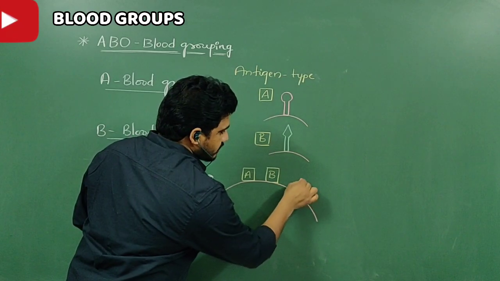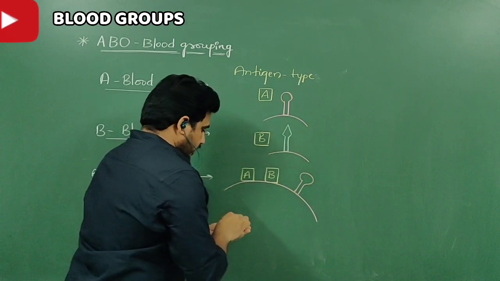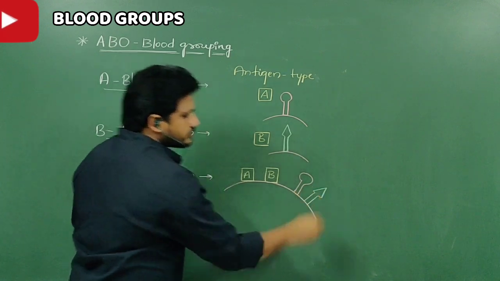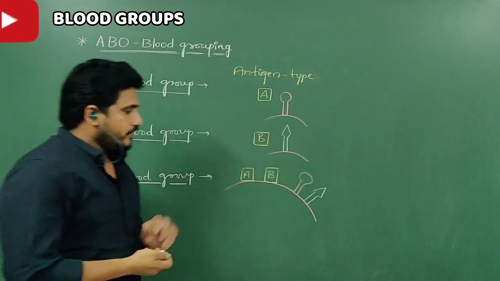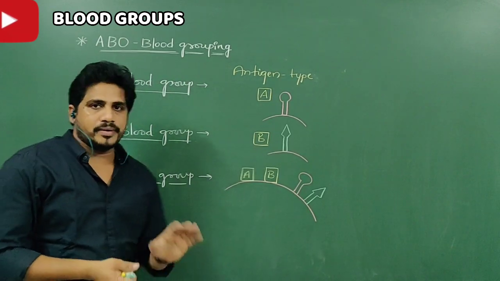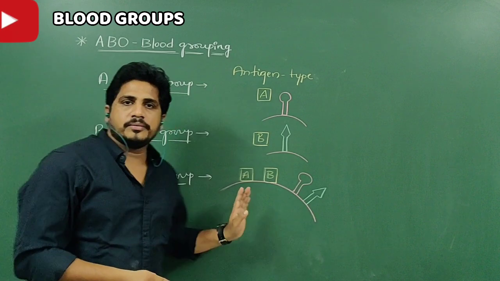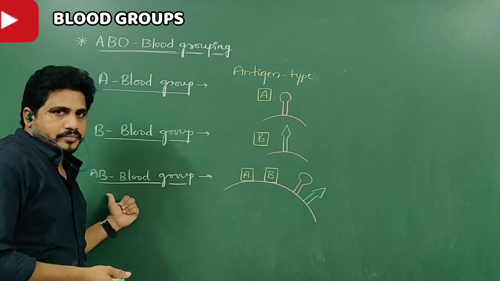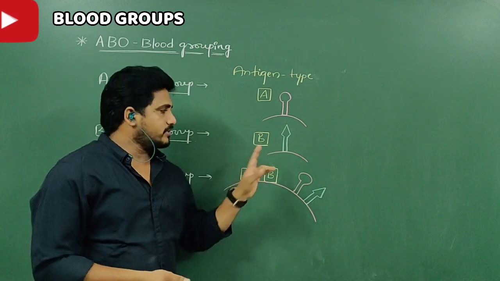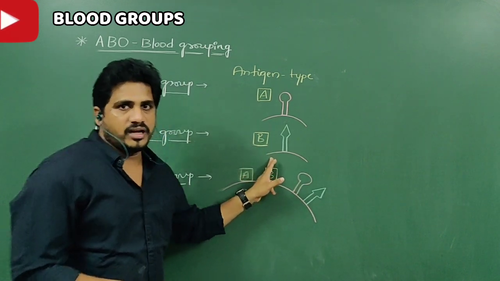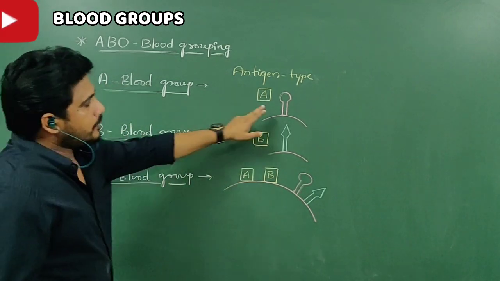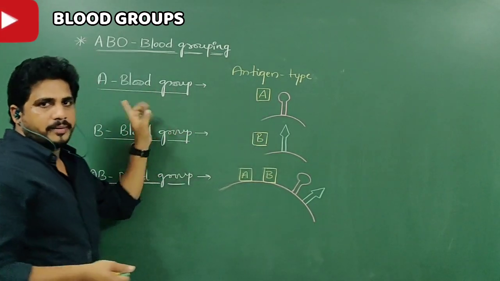A is like this and B is representing this shape. So if we identify both types of antigens on the RBC of a particular person, there is no doubt that person belongs to AB blood group. If we find only B type of antigen receptors, nothing but cell membrane receptors, they are sugar polymers, then that is B blood group. If only A type of antigens are present, it is A blood group.